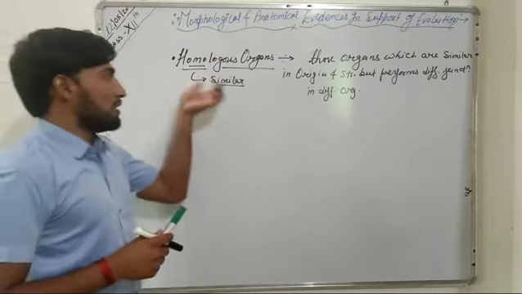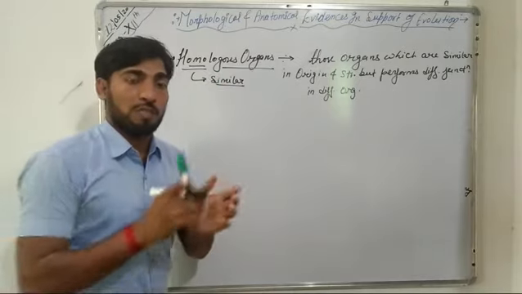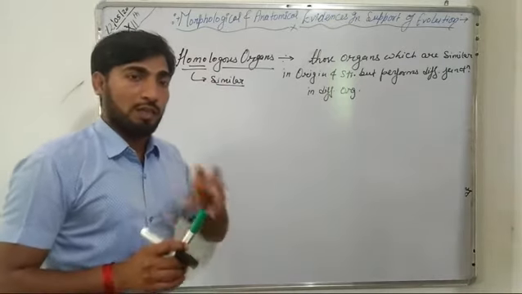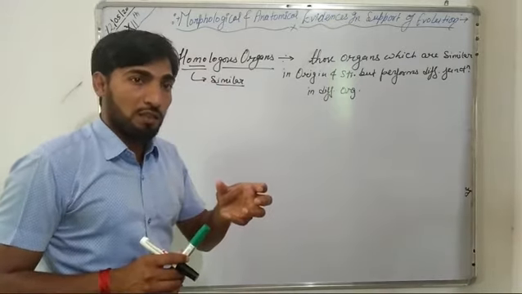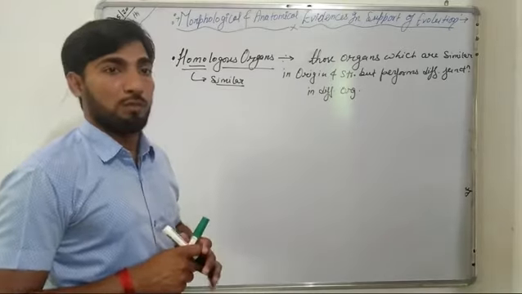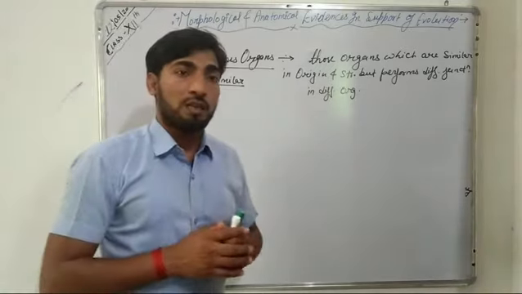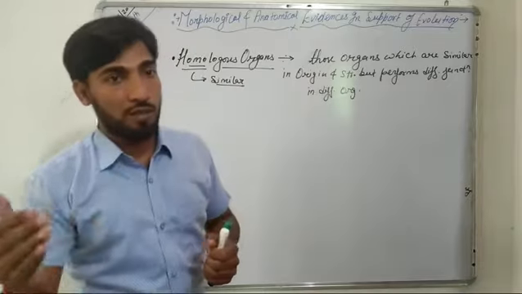So homo means similar. Those organs which are present in different organisms, their origin is similar and their structure is also similar. But in different organisms, these organs perform different functions.